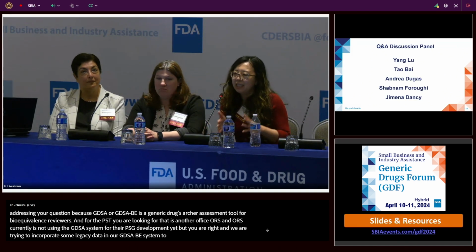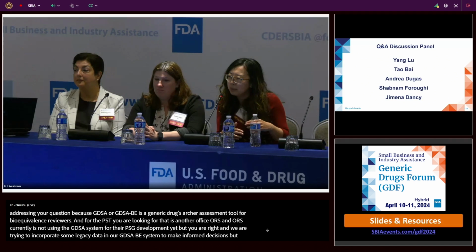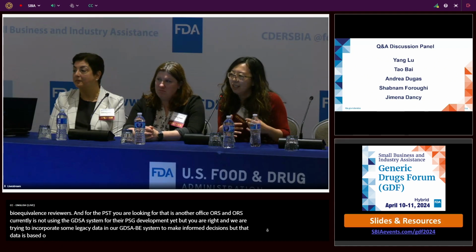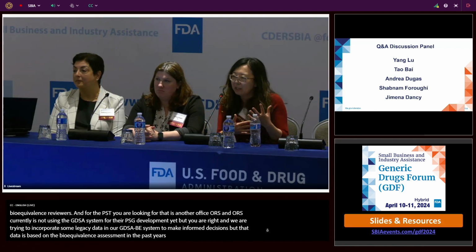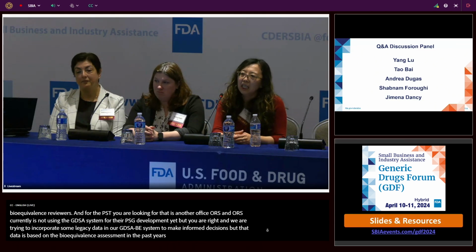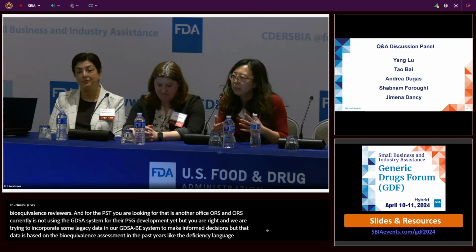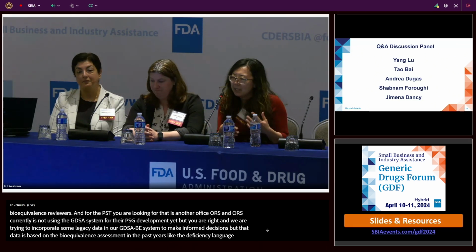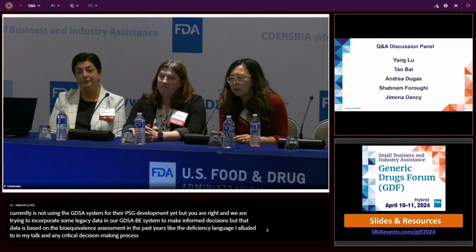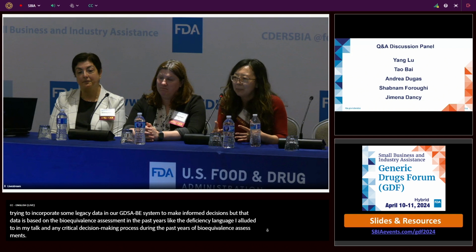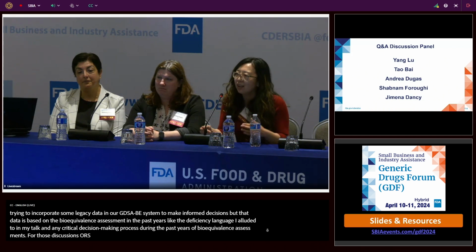But that data is based on the bioequivalence assessments in the past years, like the deficiency language that I was alluding to in my talk, and also any critical decision-making process during the past years' bioequivalence assessments. Of course, for those discussions, ORS or PSG development offices are also involved.